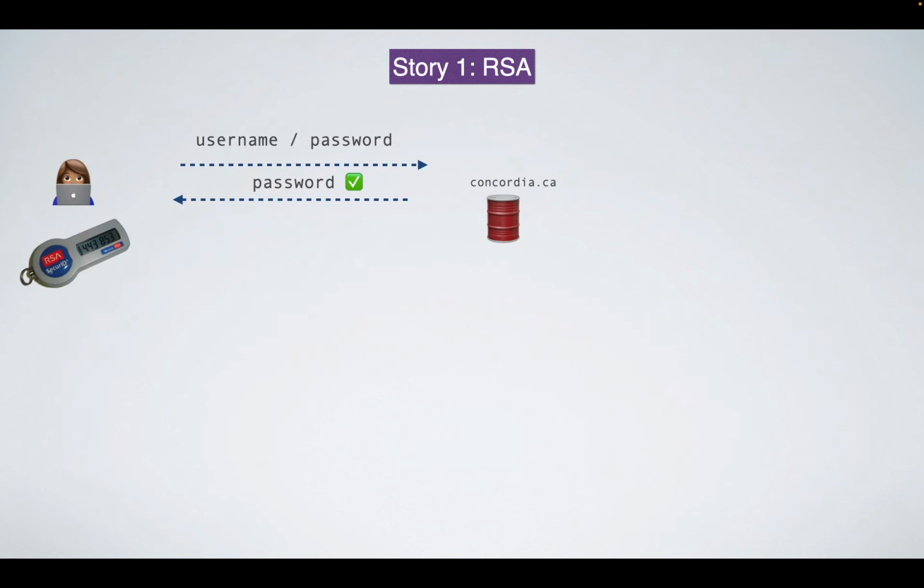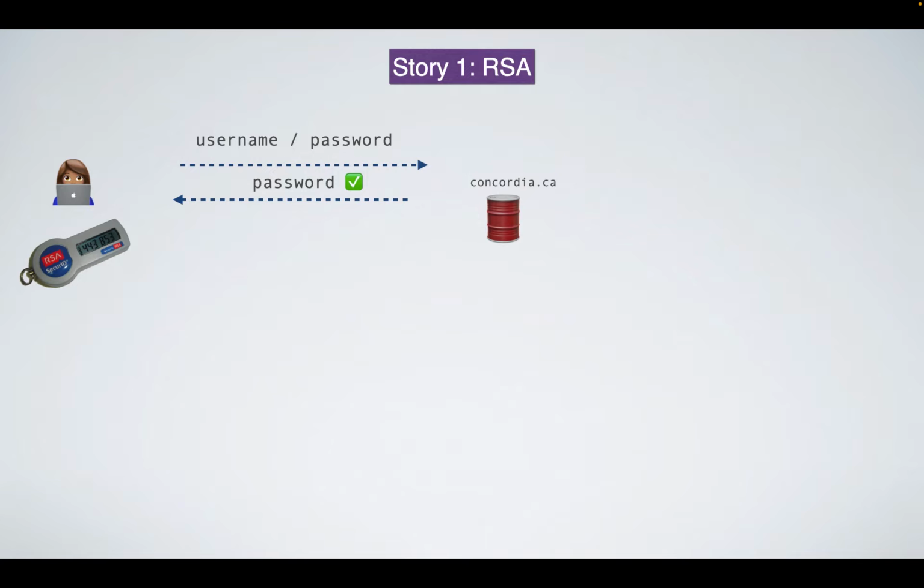Let's think about how it works first, and then I'll show you the attack itself. It starts off like a normal interaction. Let's say Concordia says, we really care about this login security. We want two-factor authentication, which they now have. But instead of phones, we want all our employees to walk around with these RSA tokens.